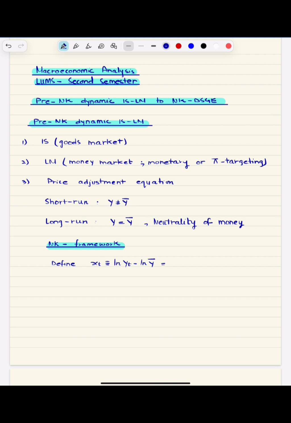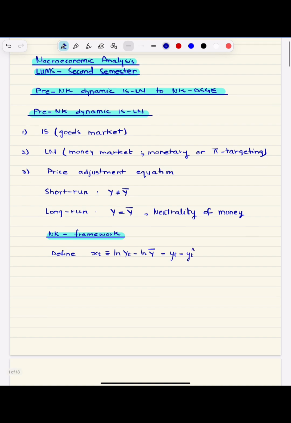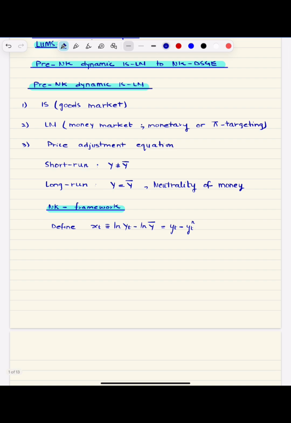In some texts you will find small y minus small y_n, which denotes the natural level of output. So now the IS curve in this framework shows deviations from the steady state.